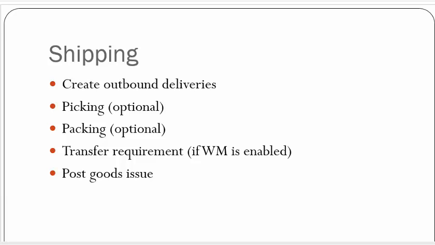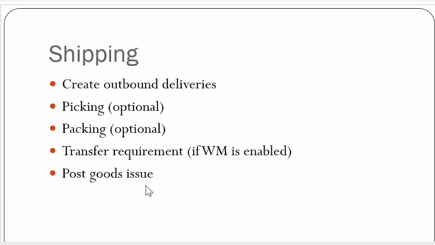The second step is picking up these materials from the warehouse, sending them to the packing area. When they are already packed, ready to be shipped, then we post goods issue. So first is creating the outbound delivery. Second is picking. Picking and packing is one step in SAP. And the third is post goods issue, which is shipping.